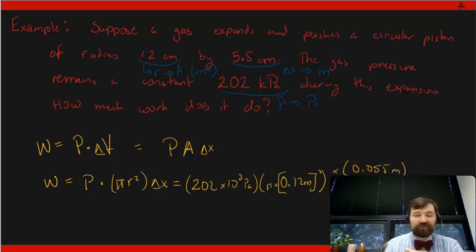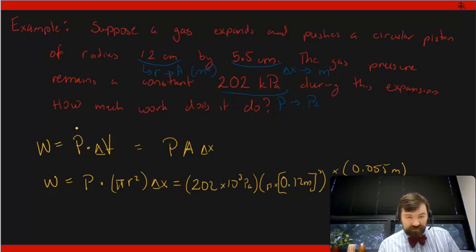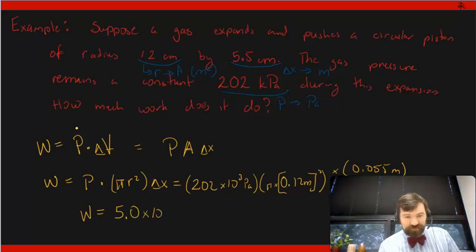Now we pull out our calculators, we type these in, and we get a work done of 502.6045. Let's round that to 2 significant figures. In that case, work is 5.0 times 10 to the 2 joules, or 500 joules of work has been done.